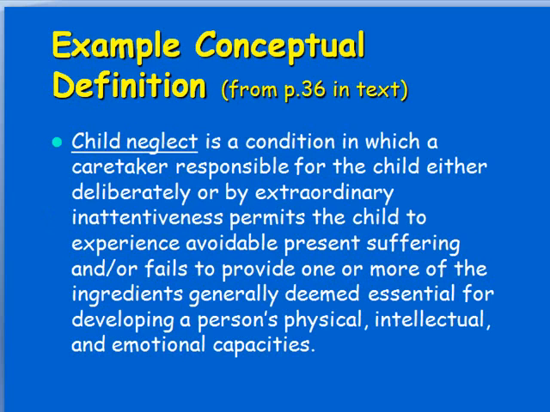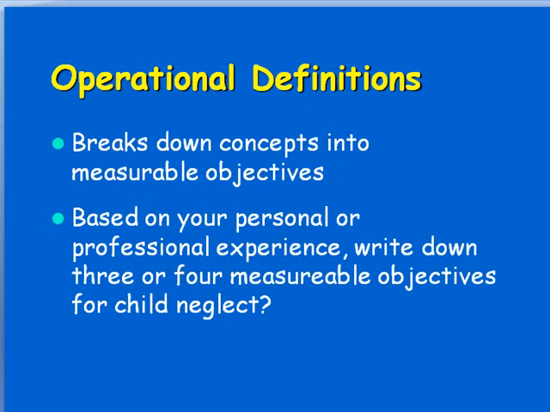And as we think about that, we want to convert that conceptual definition into an operational definition. We want to break it down into concepts that can be measurable. So I want you to take a few minutes, and based on your professional or personal experience, write down 3 or 4 measurable objectives for child neglect.